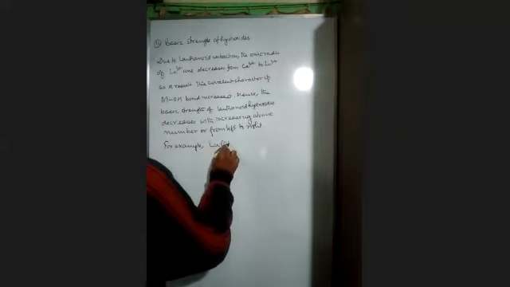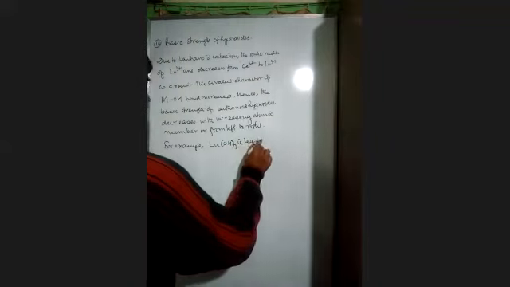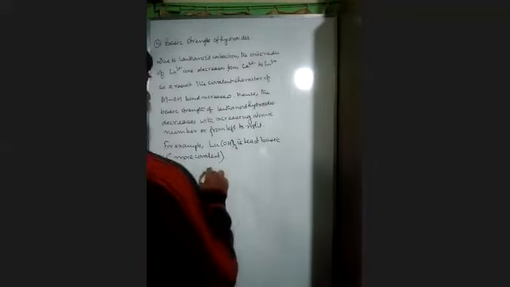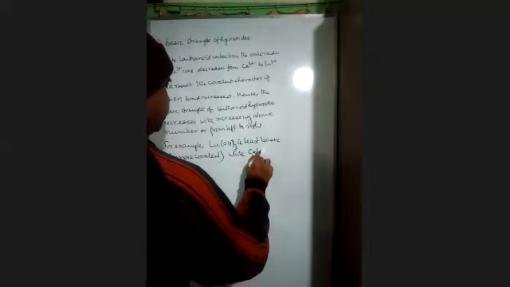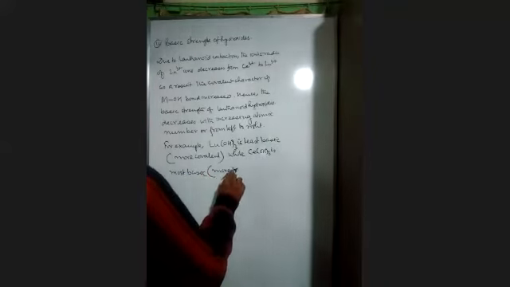For example, lutetium hydroxide is least basic. Within bracket we write what? More covalent. While cerium hydroxide is most basic. That is what we write now. More ionic.